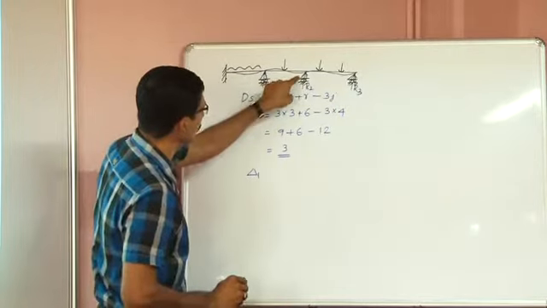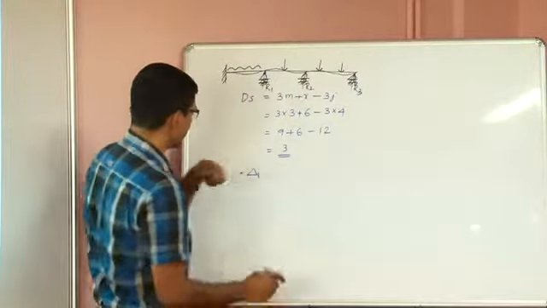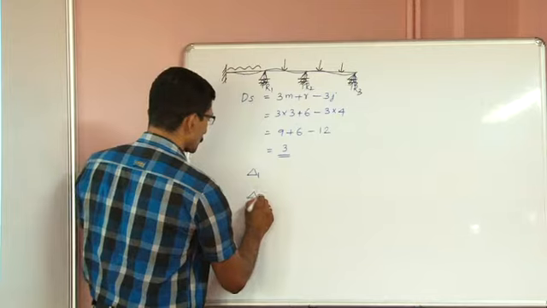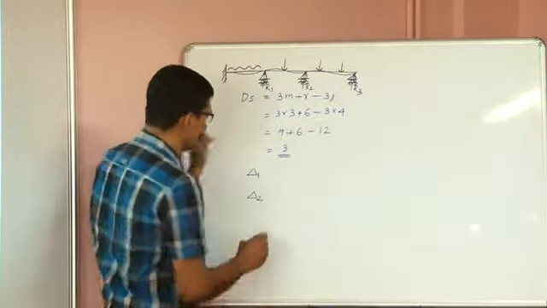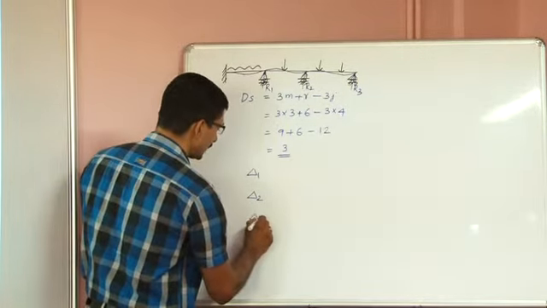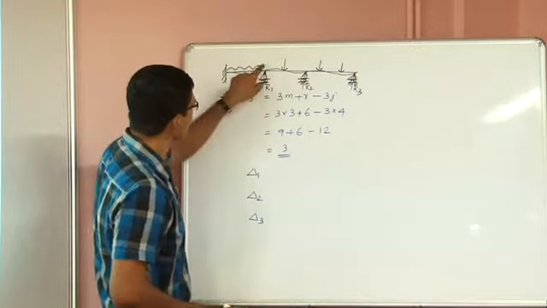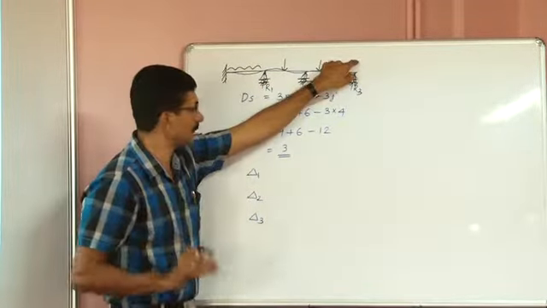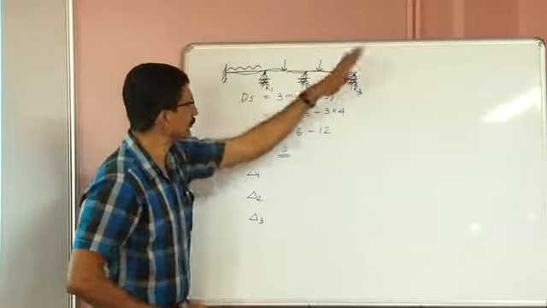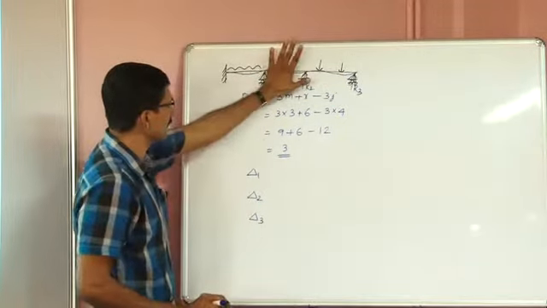Displacement at this joint, when you remove the reactions, is say delta 2. And displacement at this joint is delta 3. So these are the displacements at these 3 joints respectively when all those unknown forces are removed, when the structure is statically determinate.